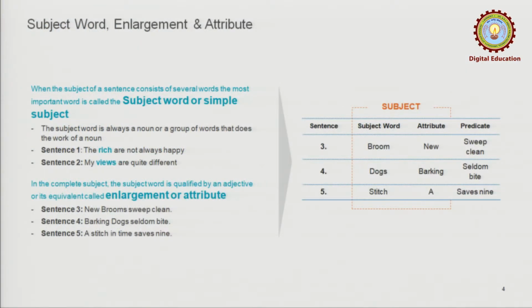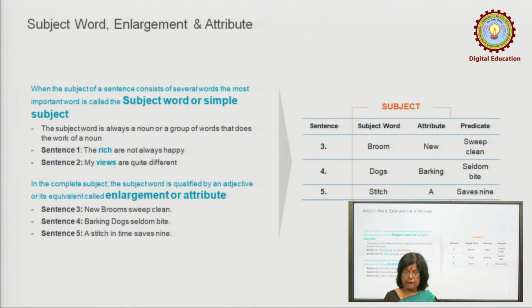If we divide it into subcategories, what is the subject word here? Broom. It is about broom that we are talking about. The predicate part will be sweep clean, because we are talking about the action done, and the attribute section will have new. It is some special word, new.